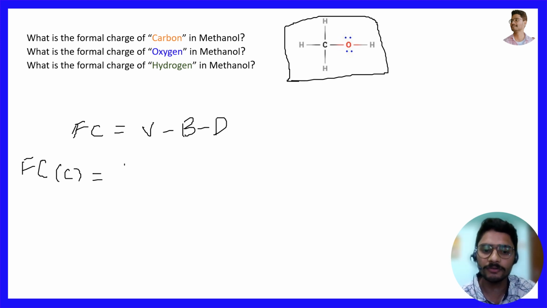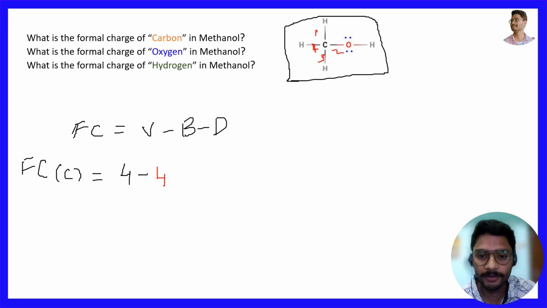It is nothing but 4. Then, what is the total number of bonds present around the carbon atom? You can see here: 1, 2, 3, 4. So there are a total of 4 bonds present around the carbon atom.